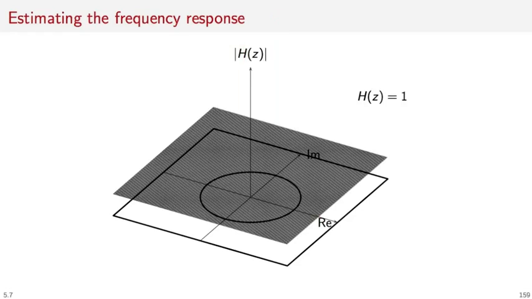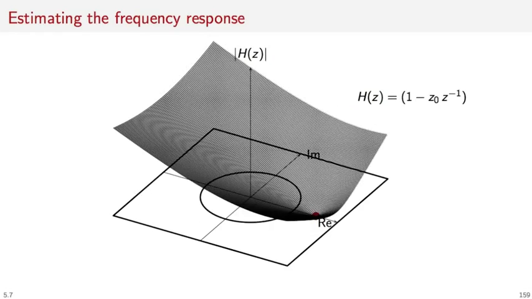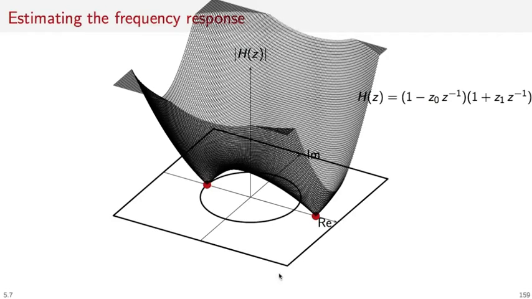Next, we drape our rubber sheet on top of the plane, and we put it at height of 1 to start with, and then we start gluing it to the complex plane where the zeros are. So the first one is here, and so it sticks the rubber sheet down there, and the next one is on the unit circle, and it will put the rubber sheet down there as well.